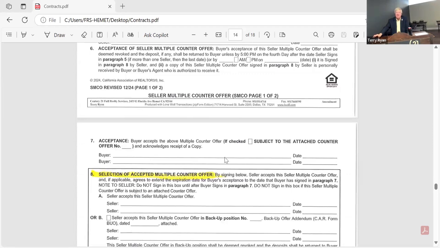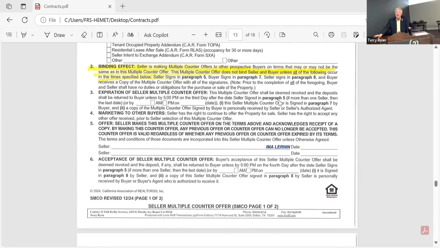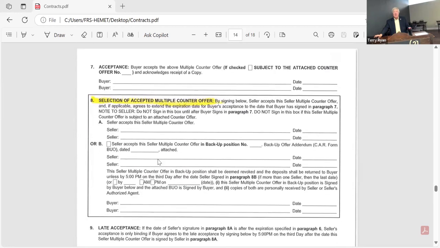Then it has to go back to the seller, and the seller will sign in paragraph 7. And once you have the seller, the buyer, and the seller signing a final time, and everybody agreeing to the accepted multiple counteroffer, that's when we have a deal.